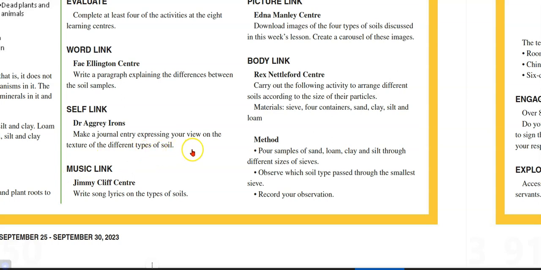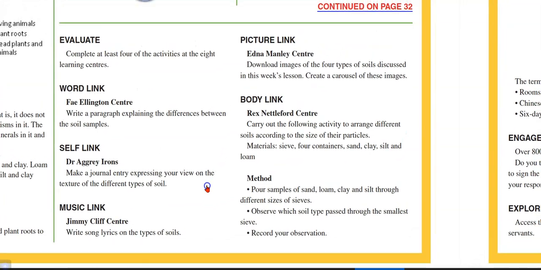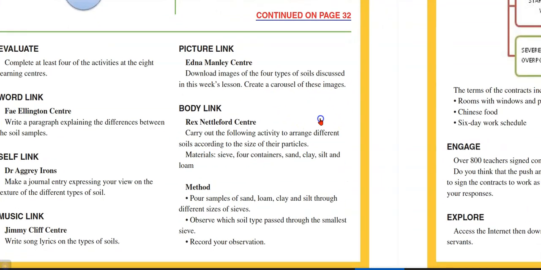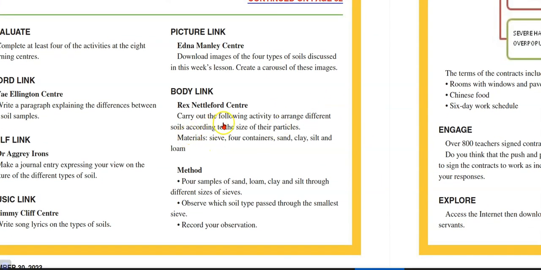Music link, write song lyrics on the types of soil. Picture link, download images of the 4 types of soils discussed in this week's lesson and create a carousel of these images. Body link, carry out the following activity to arrange different soils according to the size of their particles.